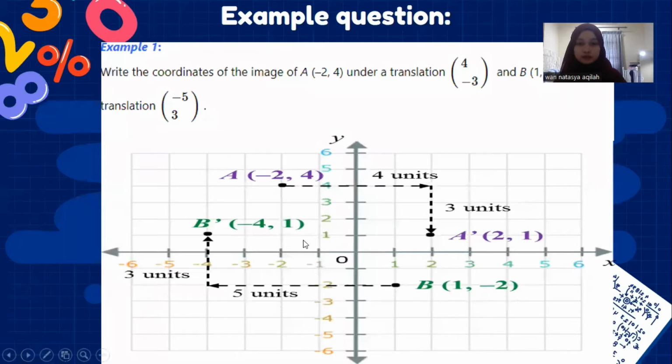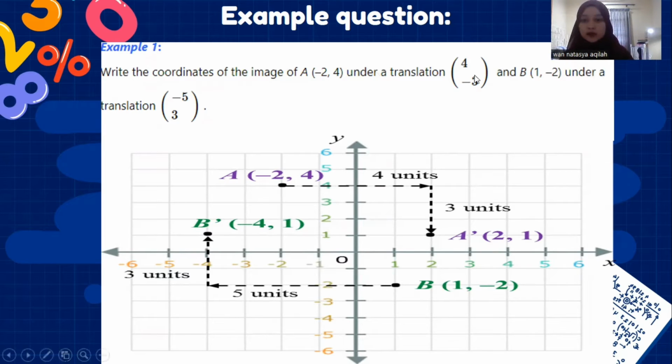Okay, next we do some examples. Write the coordinates of the image of A(-2, 4) under the translation (4, -3). We look at the object A(-2, 4), which is translated by (4, -3). 4 means 4 units to the right, and -3 means 3 units move down because it is negative.